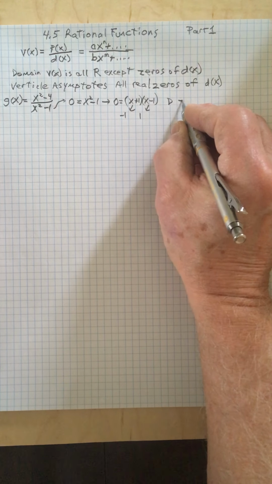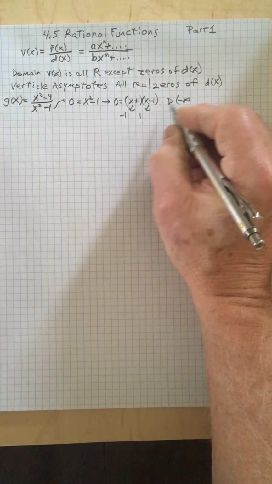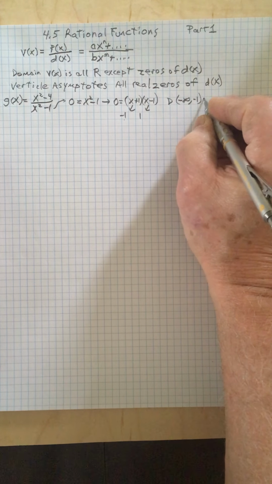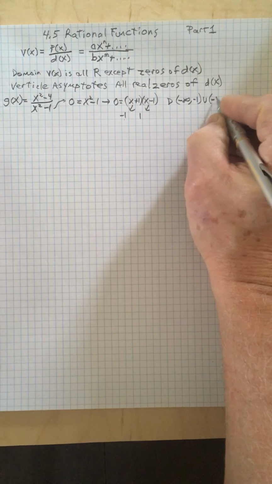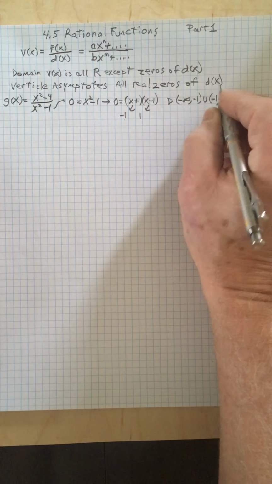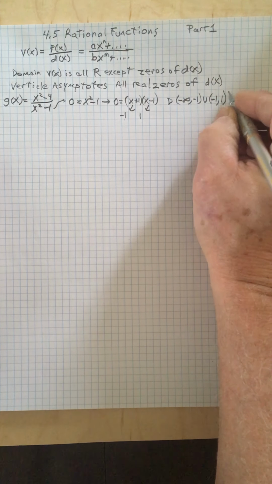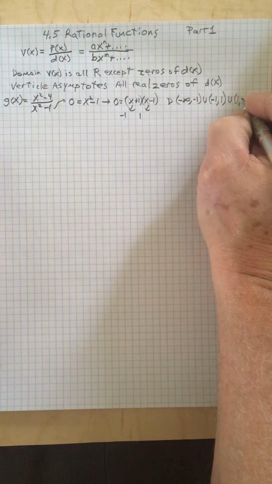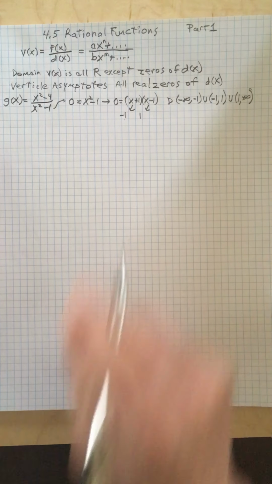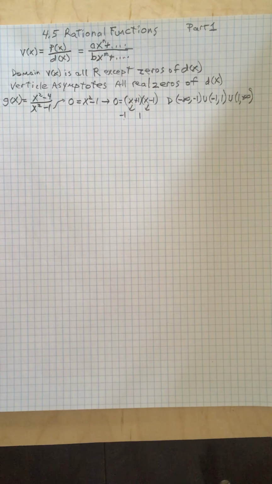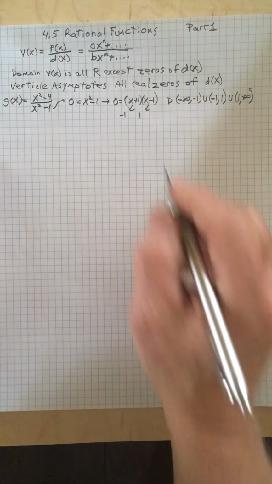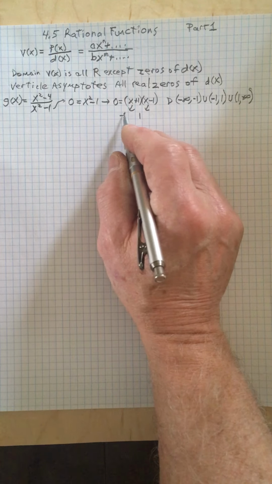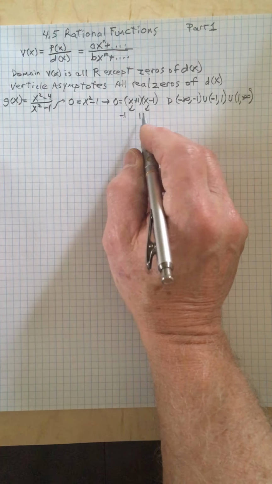We're starting at negative infinity. When we get to minus 1, we can't count that. Then we pick it up again right after minus 1, and we go to 1, but we can't count 1. Then we pick it up again right after 1, and we go on out. So there's the domain. These are both real roots, real numbers. So the asymptotes are at these points.